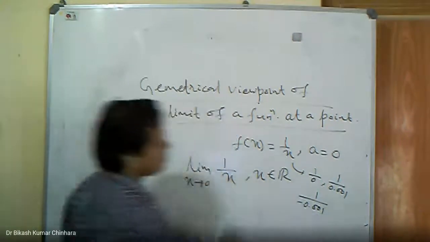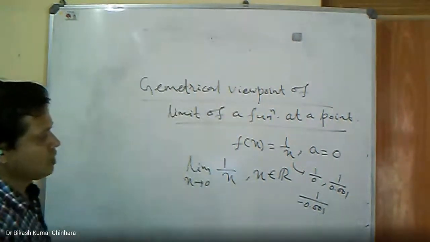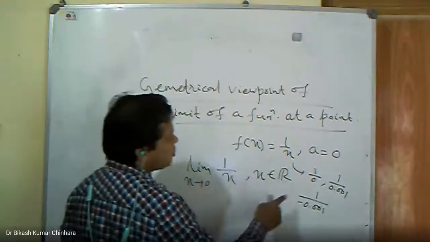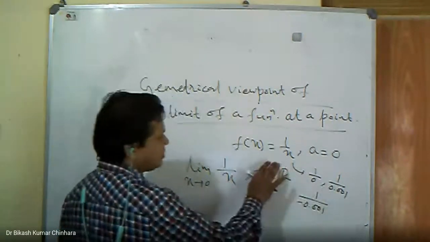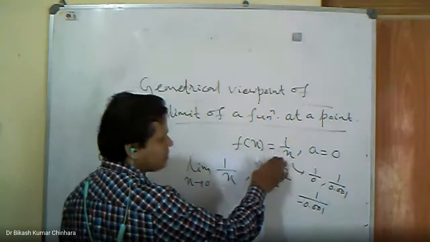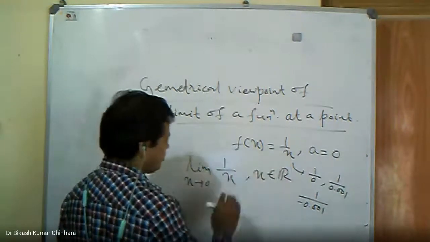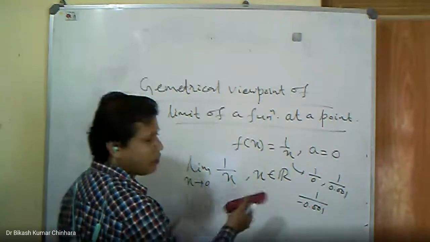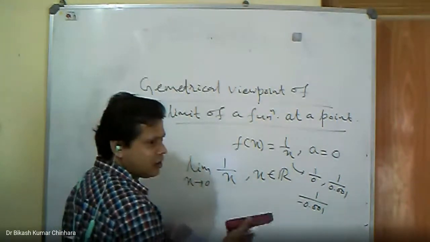These types of things you can always do. But 1 by 0 is not defined. If you are setting the input nearer to 0, then it is defined, but for the exact value 0, it is undefined. So that means the limit may exist, or the evaluation of the limit has some meaning.